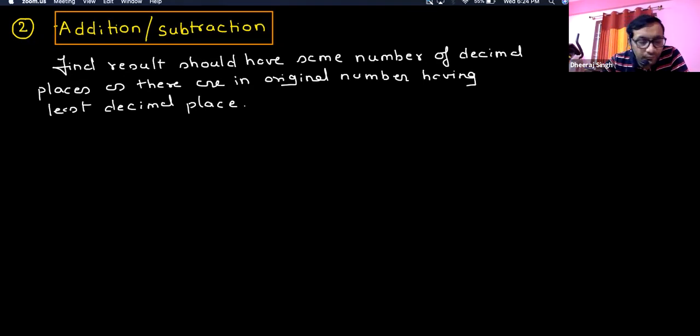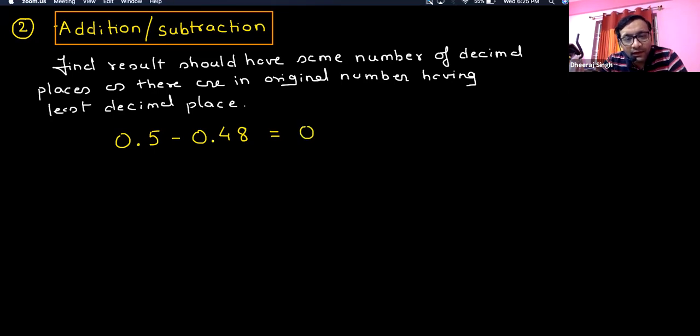So for example, 0.5 minus 0.48. What do you think this is? Suppose 0.5 is one reading, 0.48 is another reading. When I subtract, what should I get? Correct.